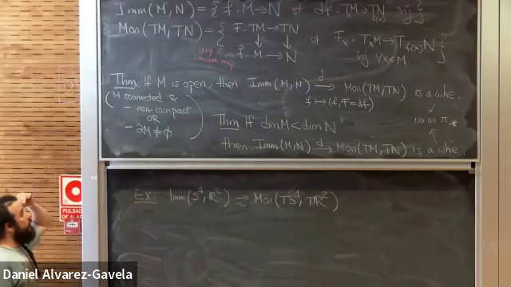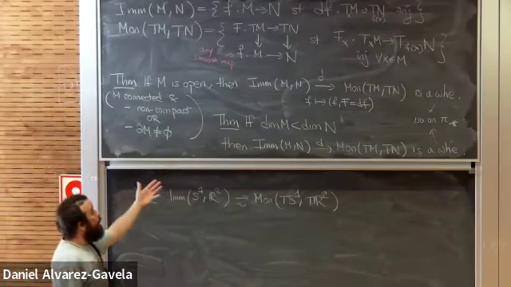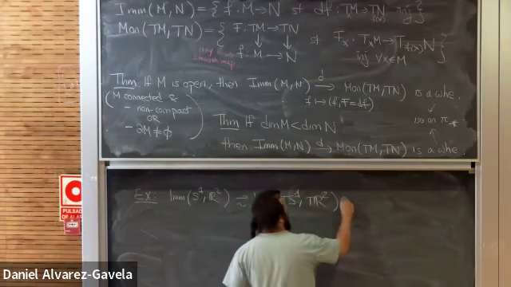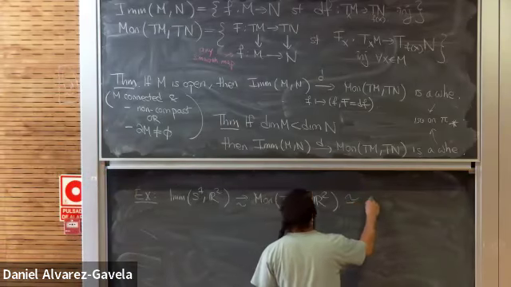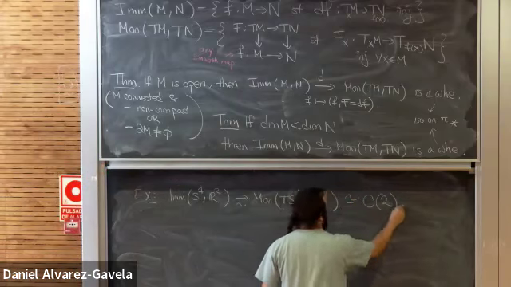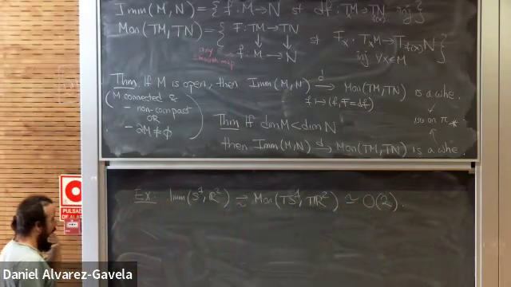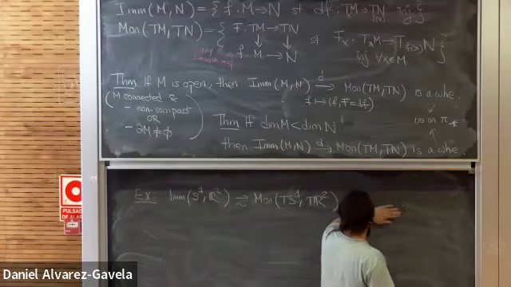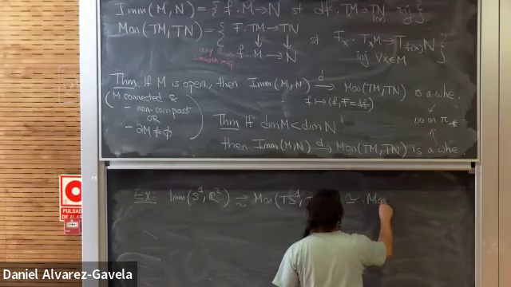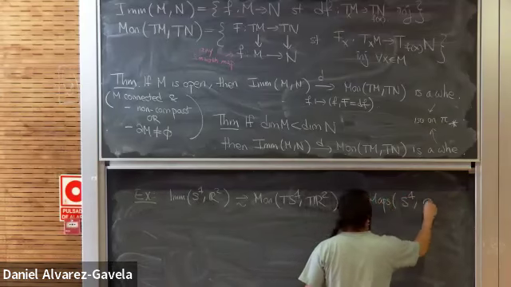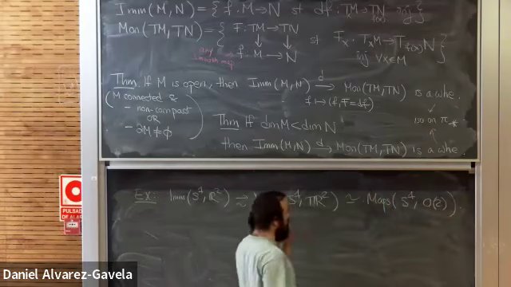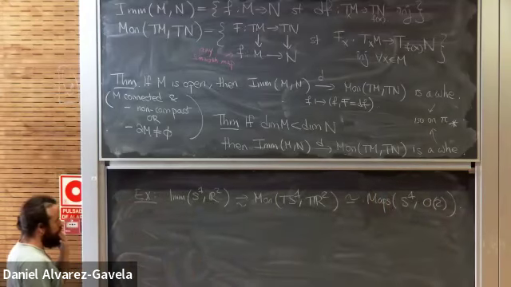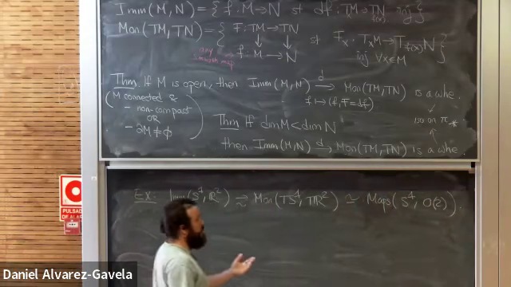So the only information is in the bundle map from TS1 to TR2, and you can convince yourself that that is going to be equivalent to O2, or maps from S1 to O2, or even to maps from the circle to the circle.